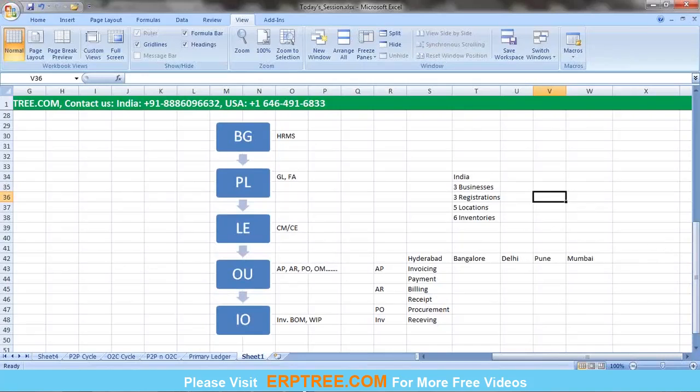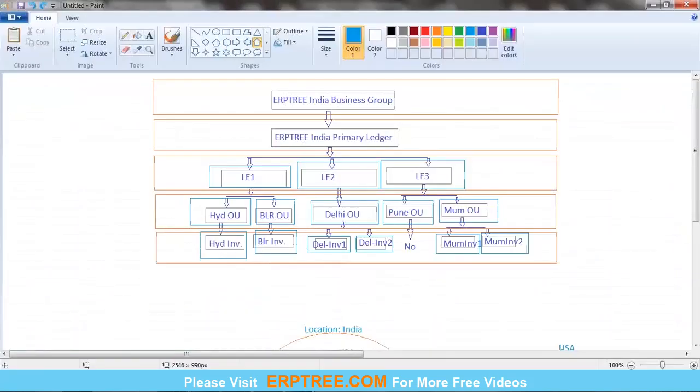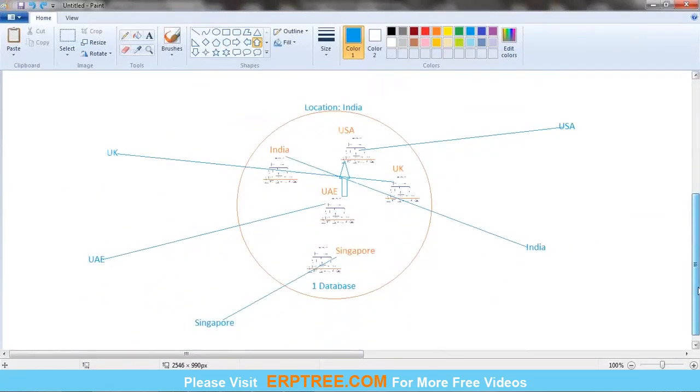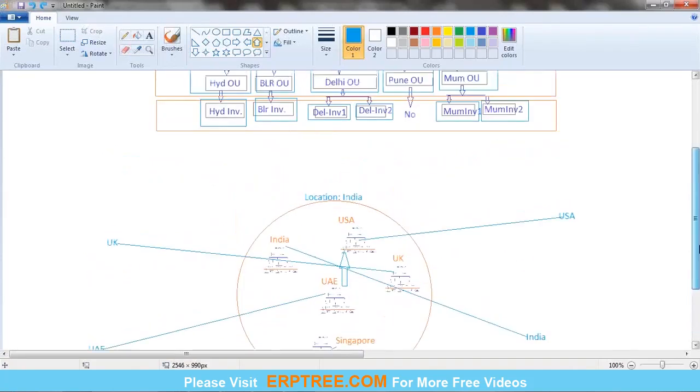So this is just, you can go with different examples, and you can assume how this multi-org structure looks. Hope you got this point. Any clarity you require, please let me know. Any questions from anyone related to multi-org?